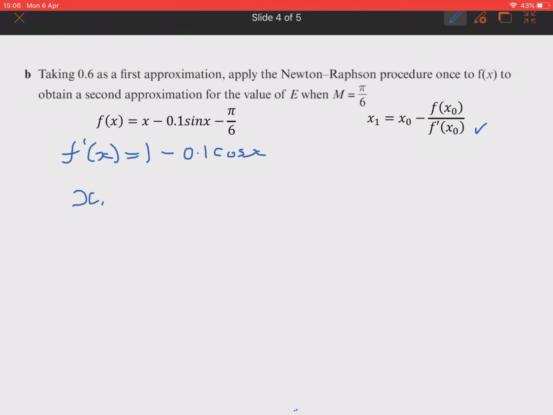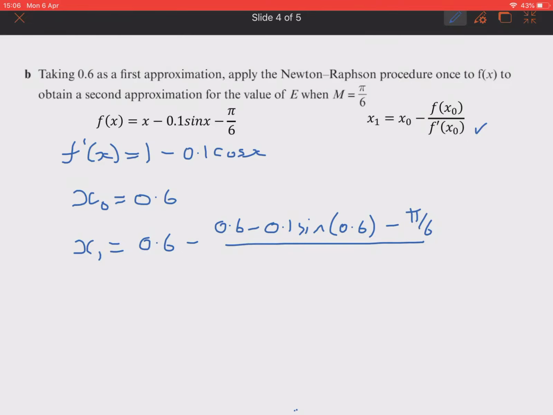So taking x0 as the first approximation, which is 0.6, this means the second approximation x1 is x0 minus f at x0, which will be 0.6 take 0.1 sine of 0.6 take pi by 6, and I've got to divide that by the derivative, which is 1 take 0.1 cos of 0.6.